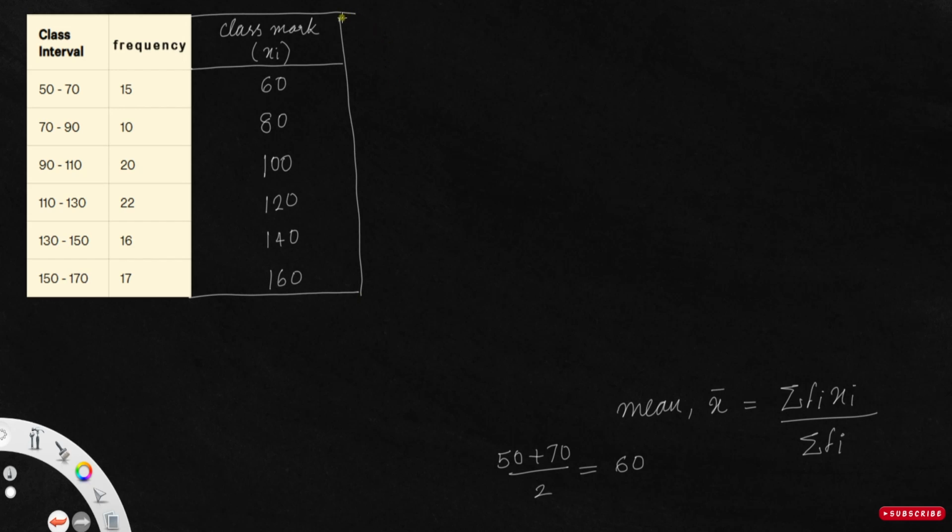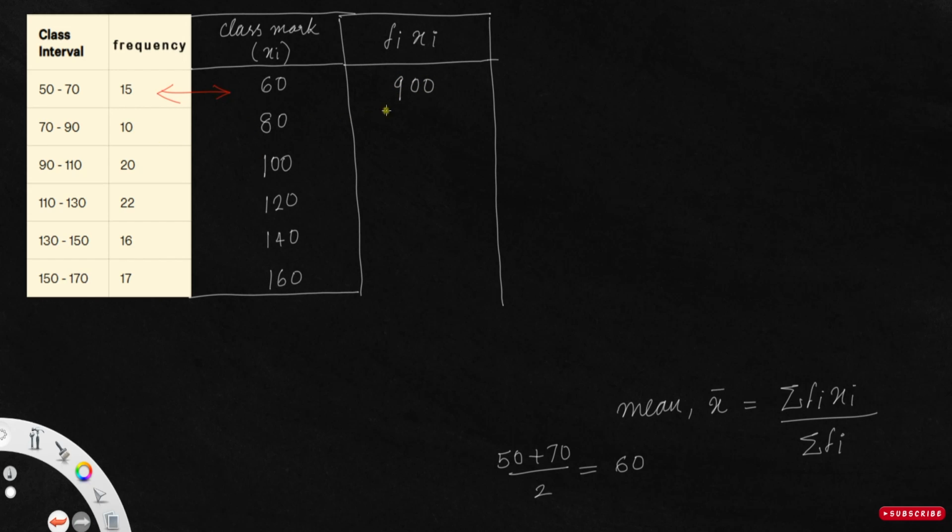Now the next table is for the product of fi and xi. You can multiply these two columns. So 15 into 60 equals 900.